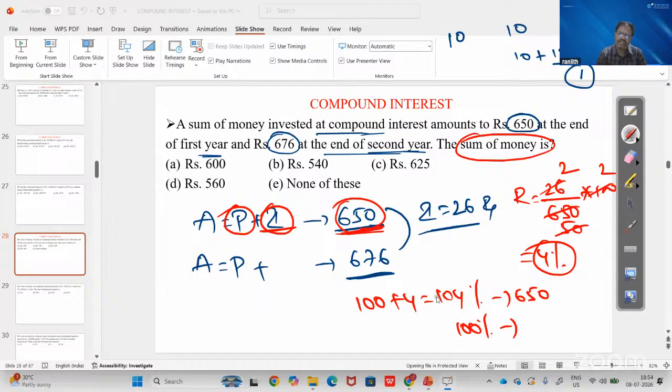So just look here. We need to cancel: 13 8s, 13 5s. In the 8 table, 100 I am getting 12.5 times.